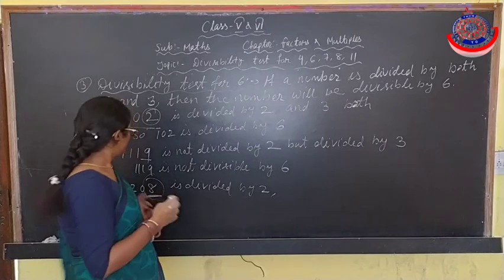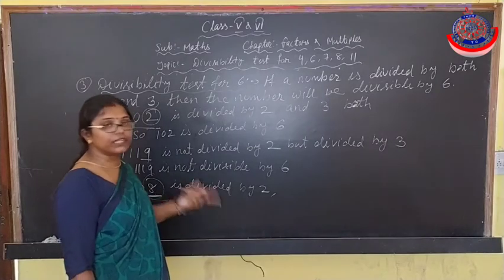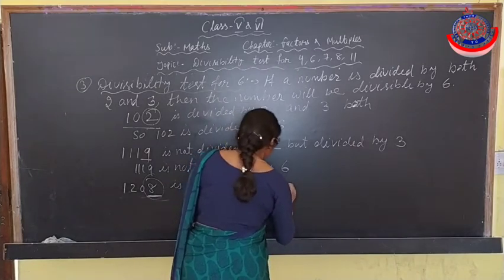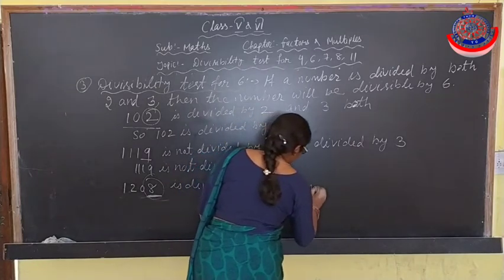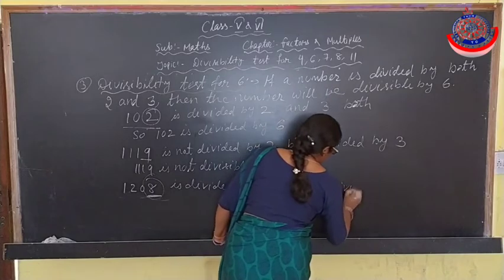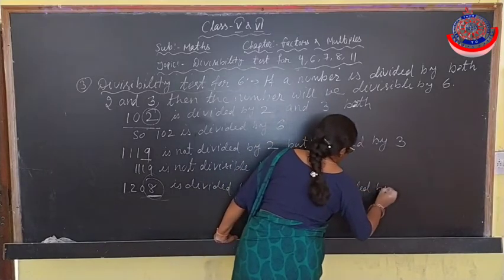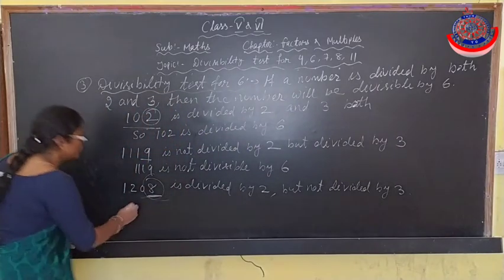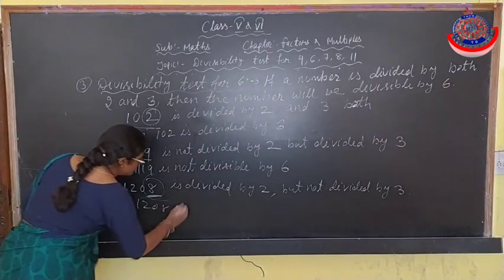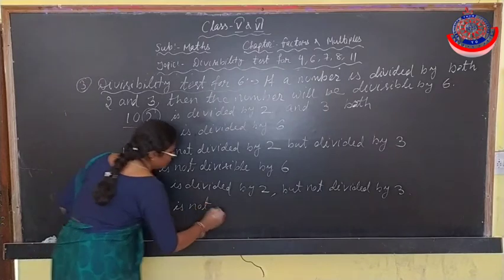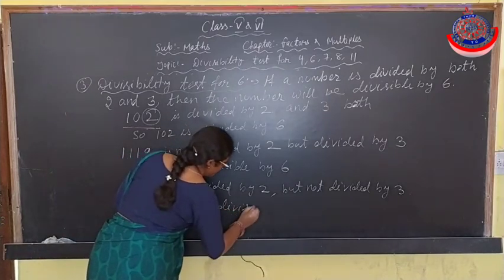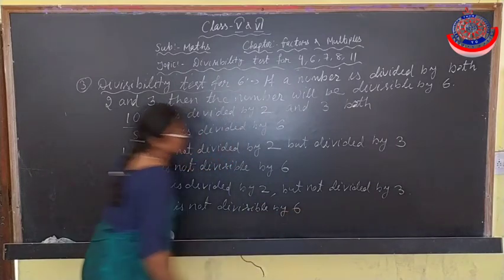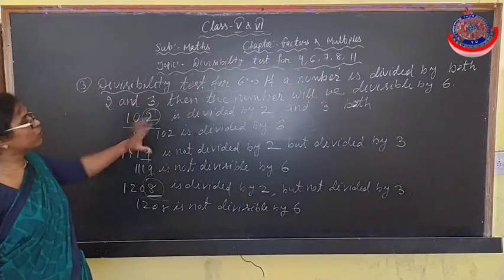That means 1,208 is not divisible by 3. So 1,208 is not divisible by 6. Clear now?